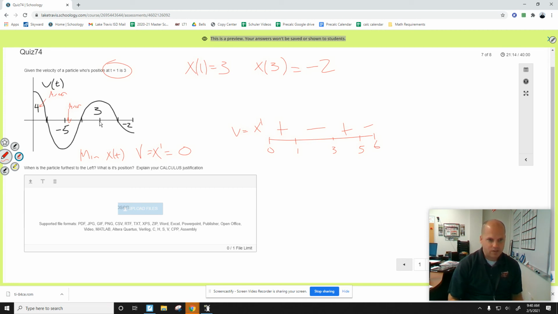Now, when time is 5, you've traveled to the right 3 units if you started at a position of -2. So I add 3 to -2, I'm now at a position of 1. That's my location. And then at 6, I've gone to the left 2, I'm back down to -1.